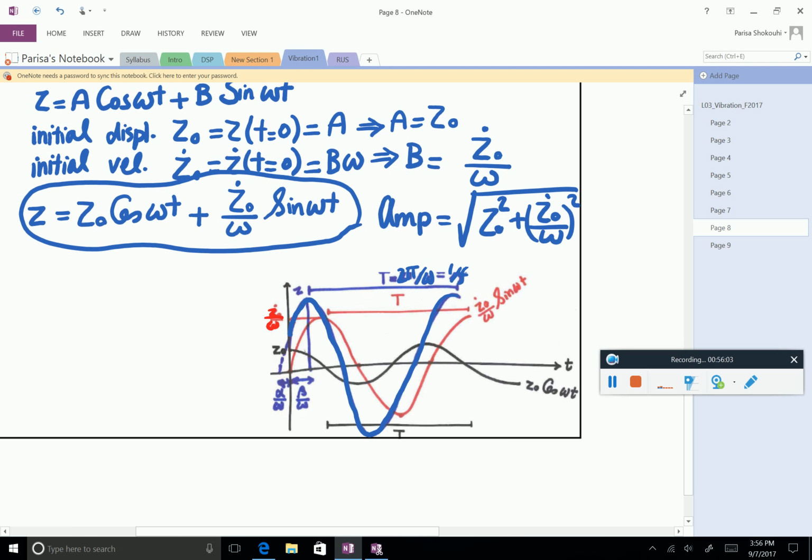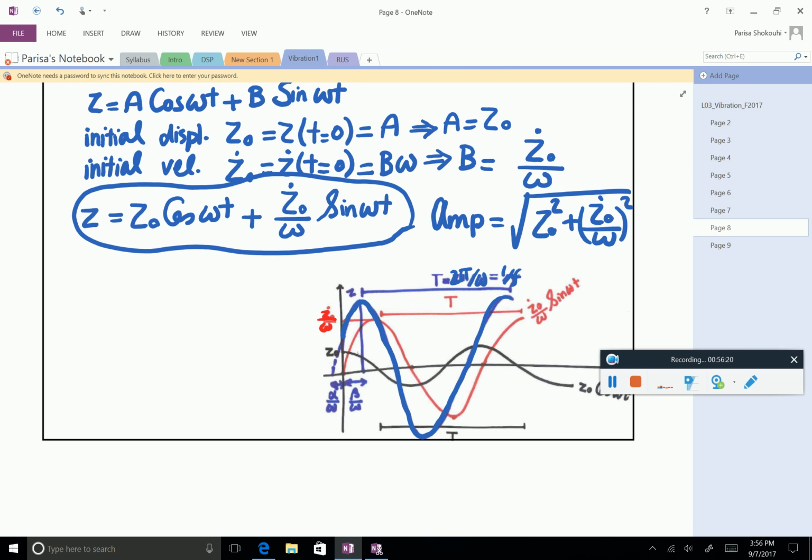So if there is no friction in the system, it's just going to go forever. It's periodic. The relationship between the period of vibrations and omega is also given here. It's useful to write this in a few other ways for later on.